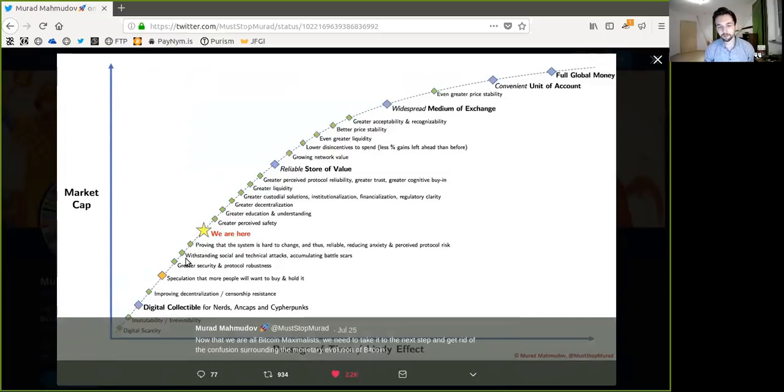Then further and further increasing the security of the network, gaining decentralization and new participants, new nodes entering the network, and increasing the usability of the currency.